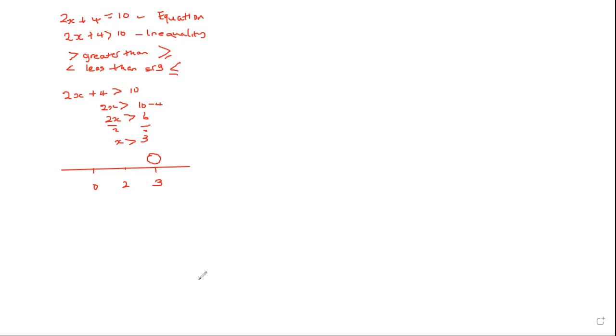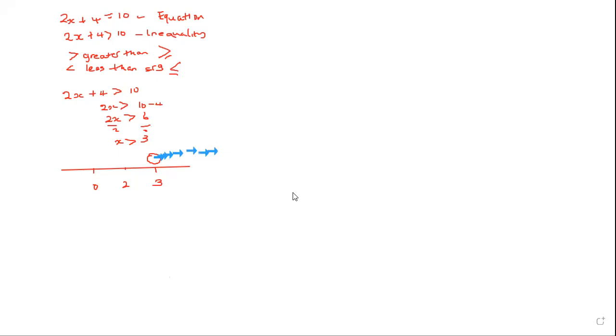So you just indicate this and put an arrow on it. It means it's something of this nature, all the numbers on this side.